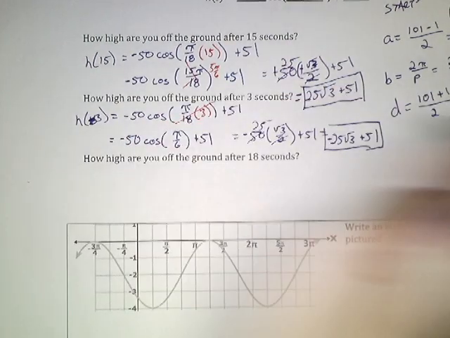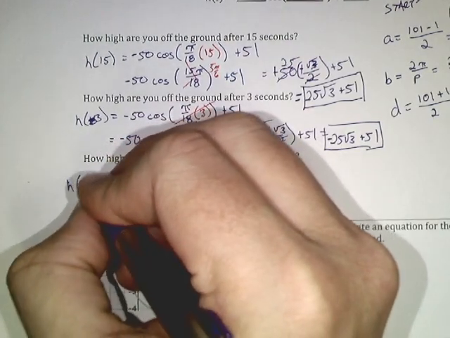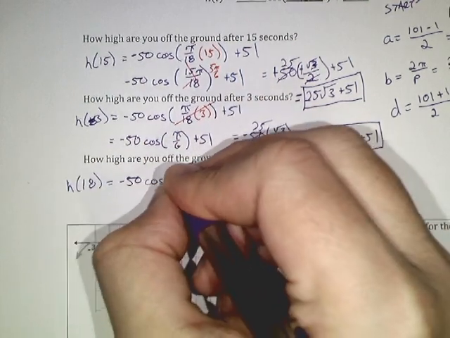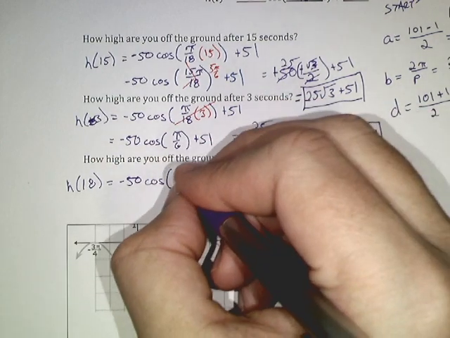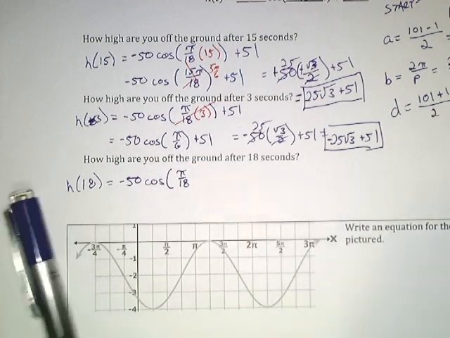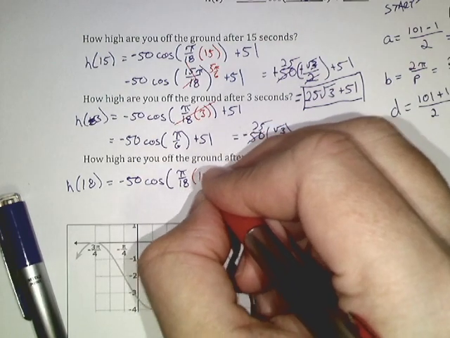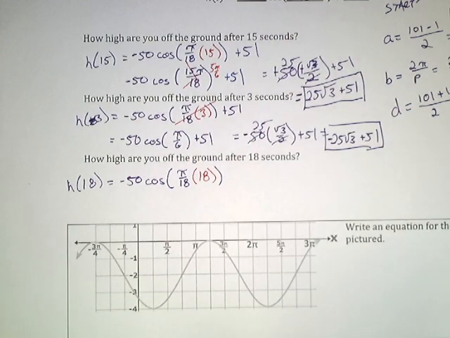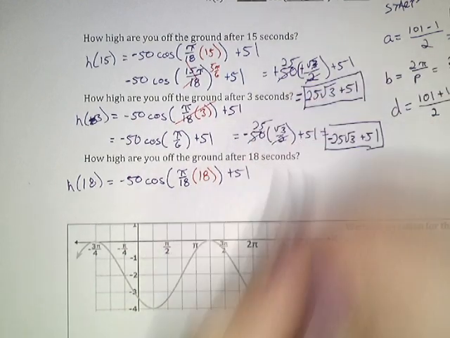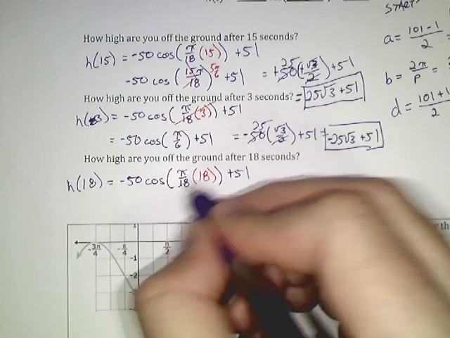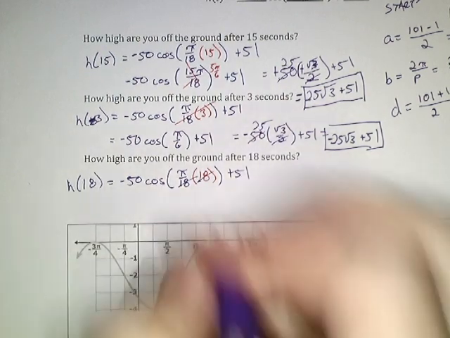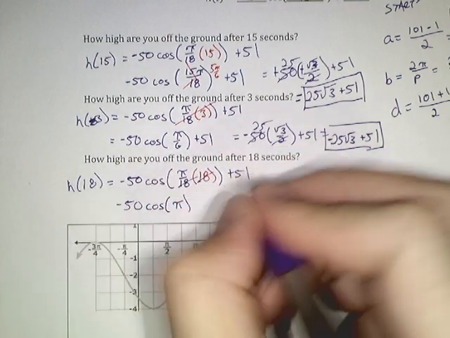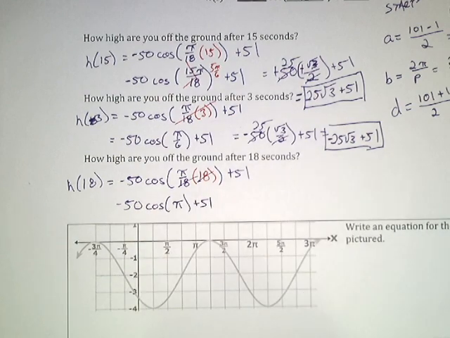Darn. After 18 seconds, this one should work out a little bit better. Negative 50 cosine of pi over 18 times 18, plus 51. The 18s will cancel out, leaving just pi. So we get negative 50 cosine of pi plus 51.